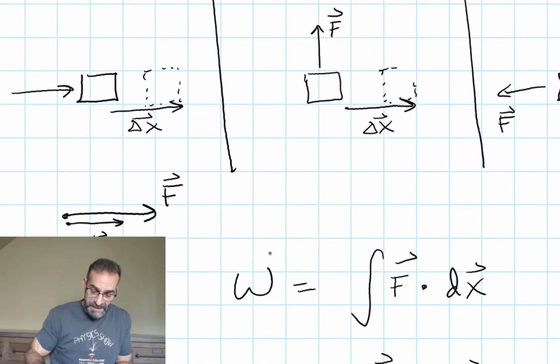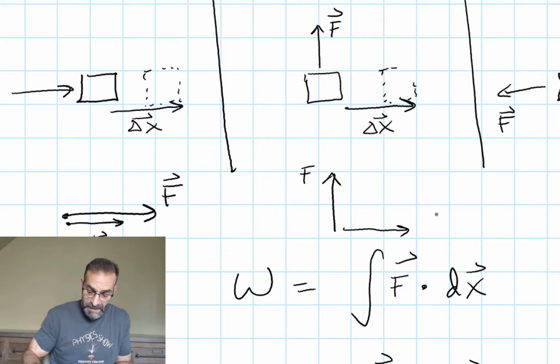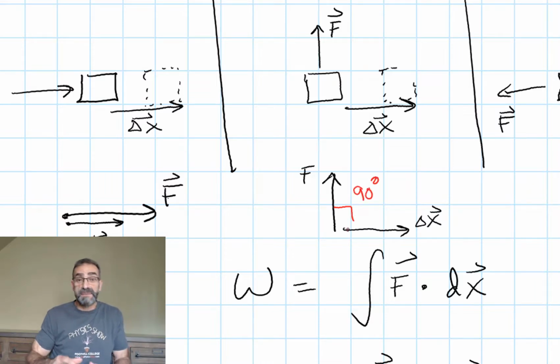In my second case, the force points up at this angle, the displacement is to the right, and I get a 90-degree angle between them when I put their tails together. Cosine of 90 degrees is 0.